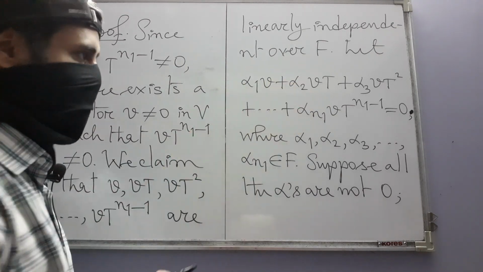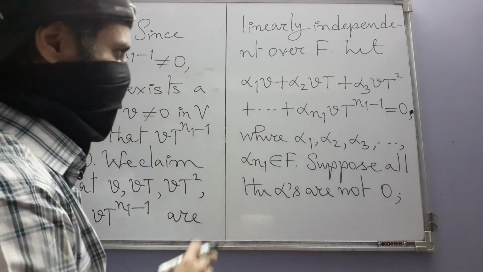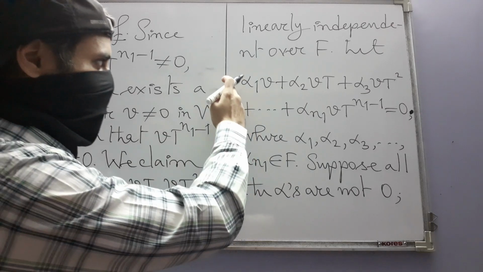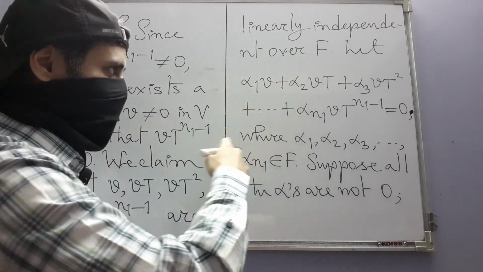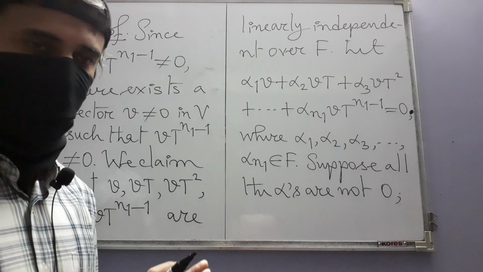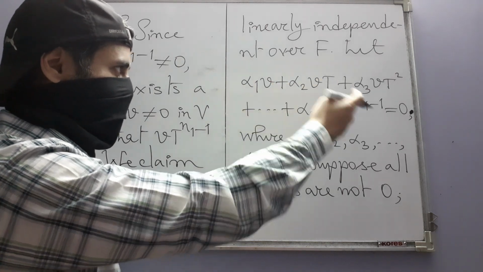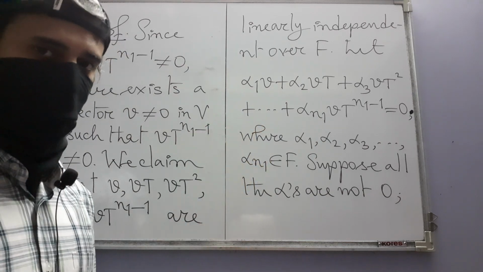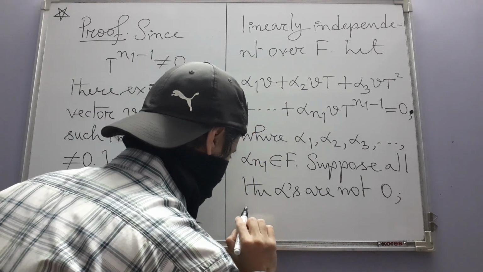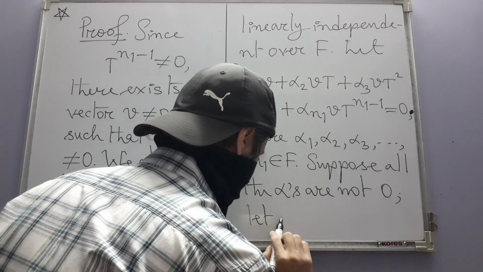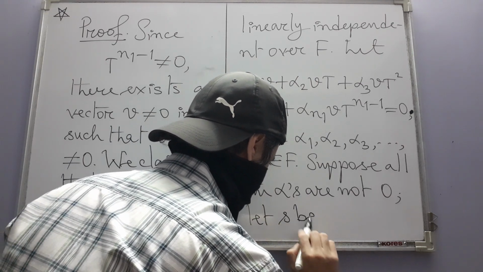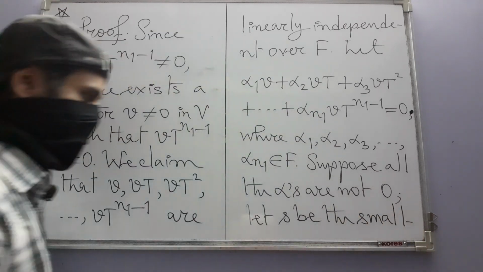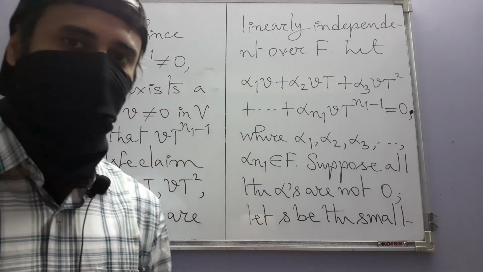We don't know which ones are non-zero, which ones are 0. But in any case, if you start from this side, like alpha 1, alpha 2 in the natural order in which they are appearing, you are going to encounter a non-zero alpha for the first time somewhere. Okay, so let s be the smallest index such that alpha s is non-zero.